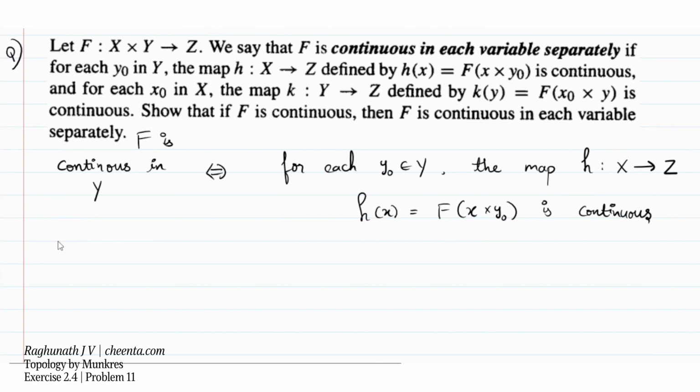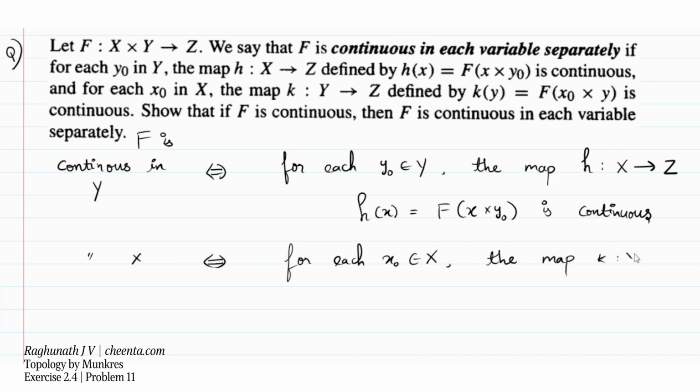Similarly, F is continuous in x if and only if for each x naught in X, the map k from Y to Z, defined as k of y equals F of x naught cross y, is continuous.